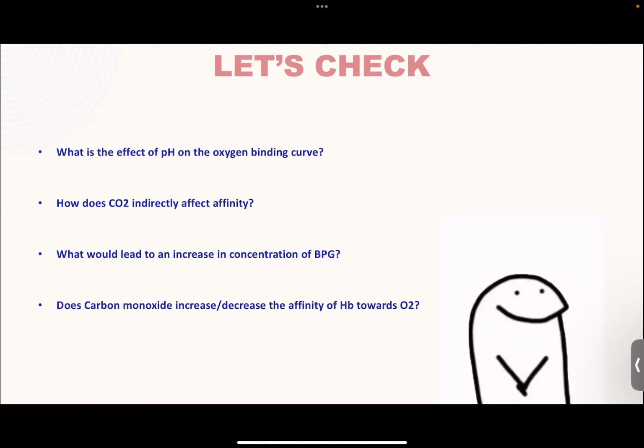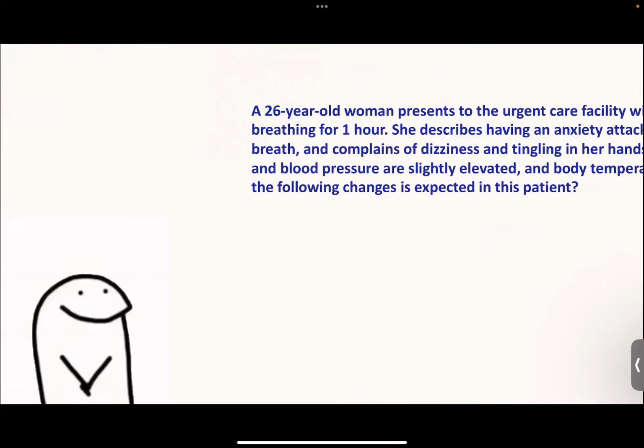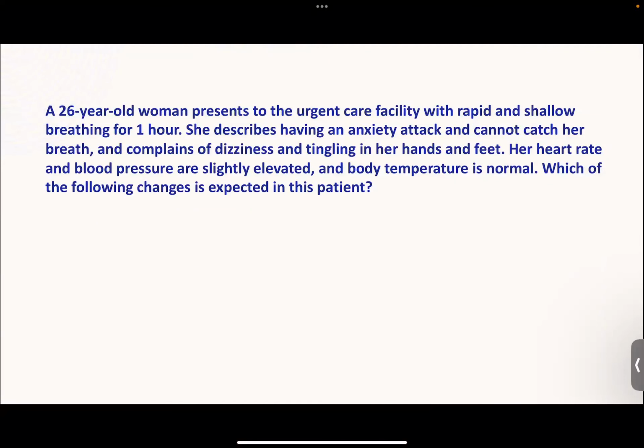Yeah. Okay, these were really simple, but I want you guys to solve a question. This is what you would get in the exam. Does anyone want to read, or I'll just read the question? Okay, I'll read it. A 26-year-old woman presents to the urgent care facility with rapid and shallow breathing for an hour.